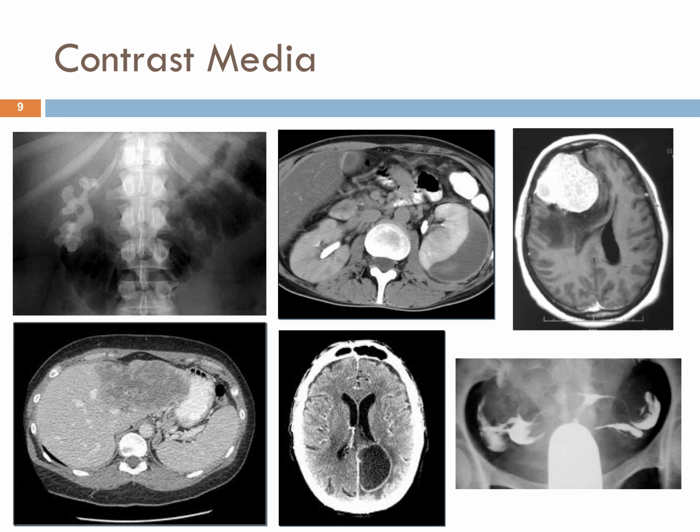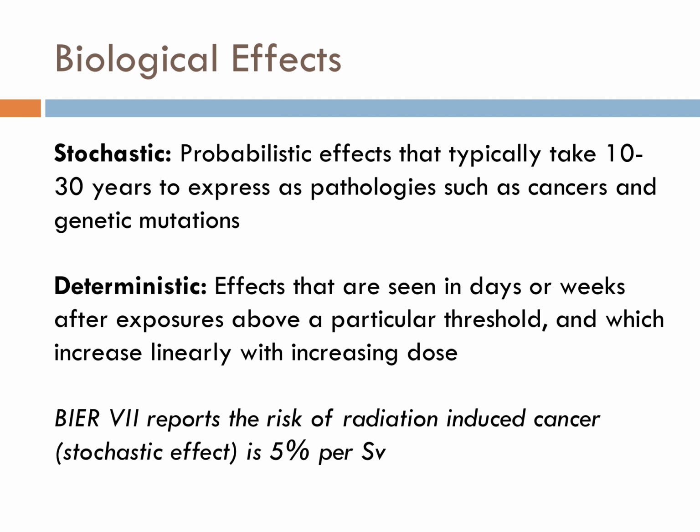Now, they're risks that delivering this degree of radiation is going to produce a cancer or a deleterious cancerous effect. Stochastic, that's a probabilistic effect, and it's something that we talk about in terms of taking 10 to 30 years to express as pathologies and genetic mutations.